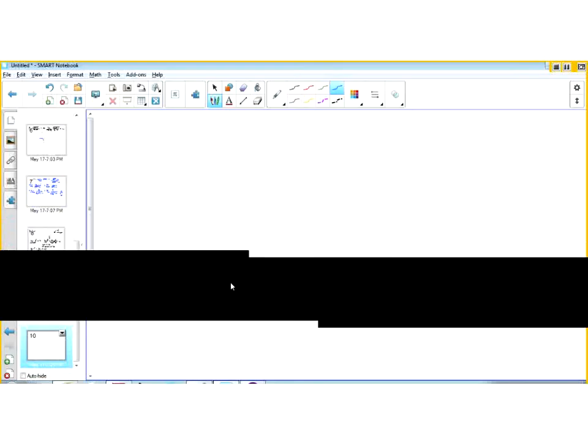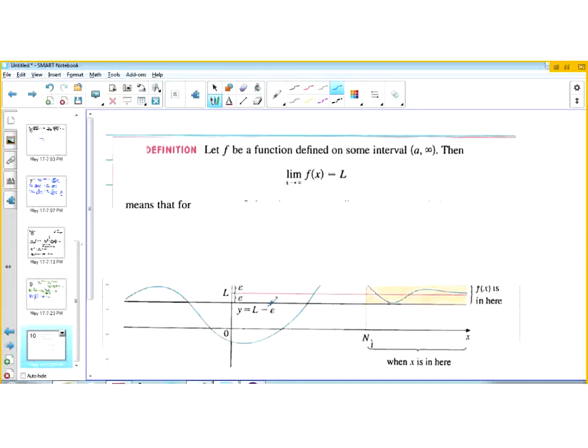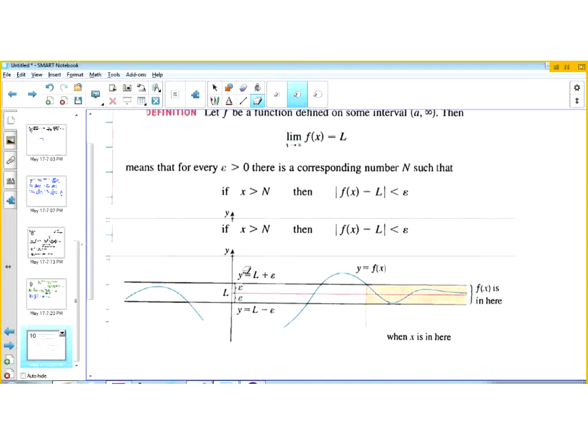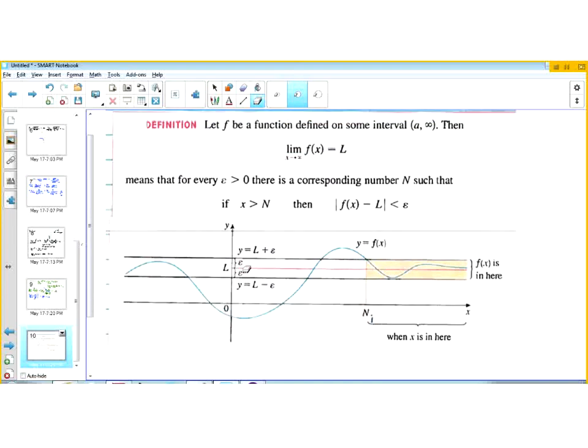A couple of things I need to paste in the smartboard. Is that everything? I believe so. Okay, yeah, I think that's all I need.